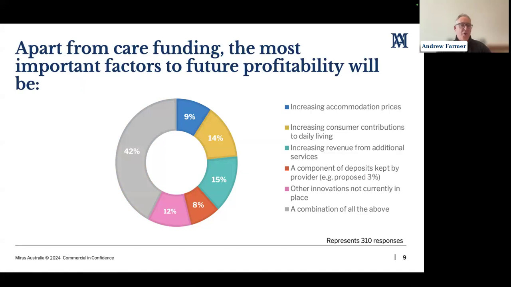And the last one: apart from non-care funding, the most important factors to future profitability will be, and we listed out a lot of the ones that we're talking about, obviously accommodation prices going up, which certainly hasn't really kept pace with the average value of properties.